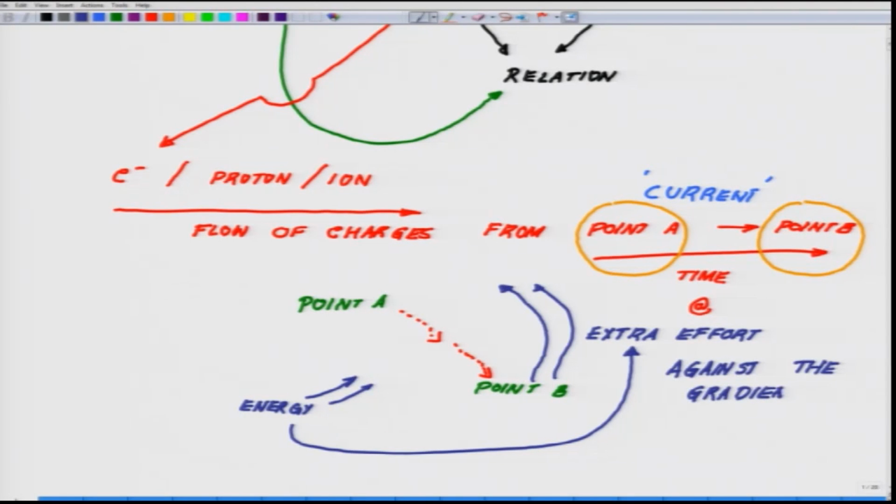So, going against the gradient is an energy intensive process as compared to the situation where the flow from point A to point B takes place by a spontaneous process.